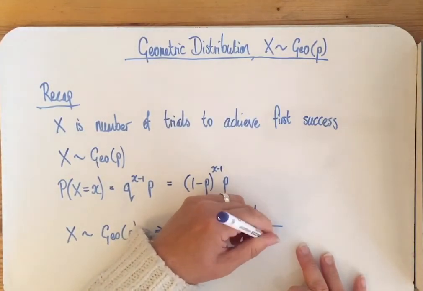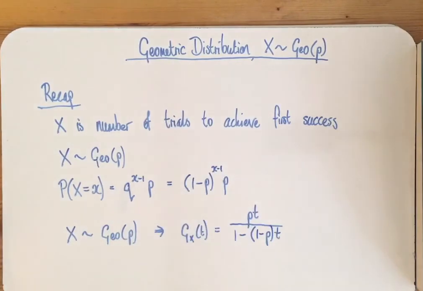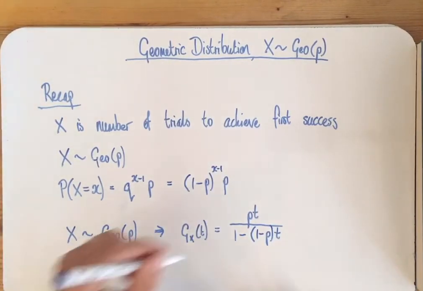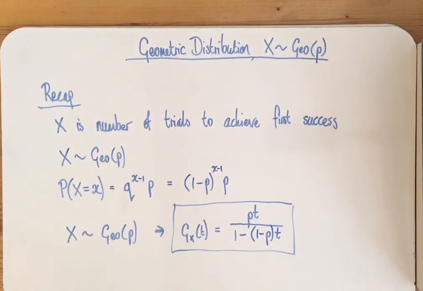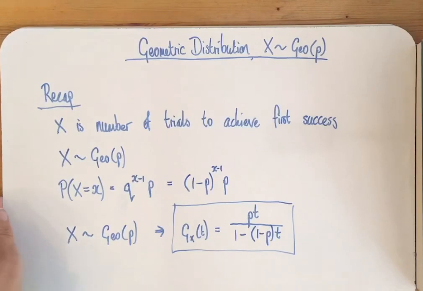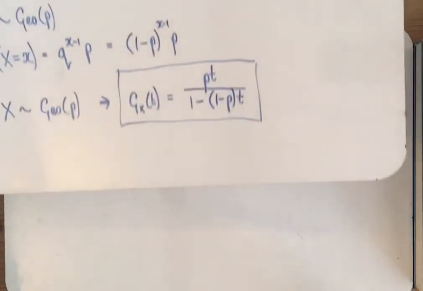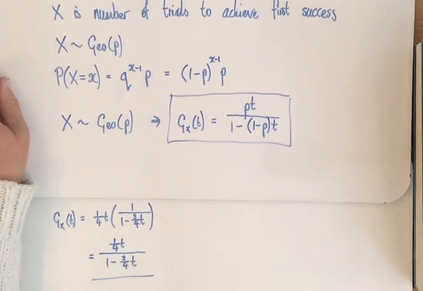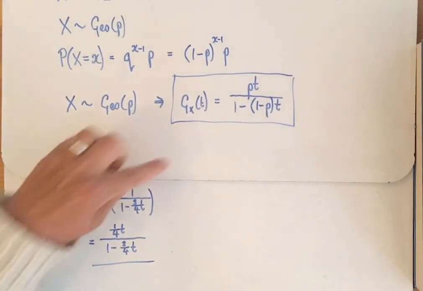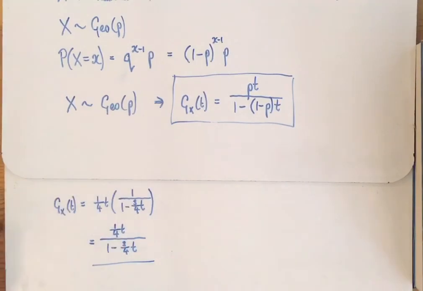I think the formula book has 1 minus p, so I just keep that consistent with the formula book. But that's your result for the probability generating function of a geometric distribution. And you can see that essentially we've got the same thing here as here.